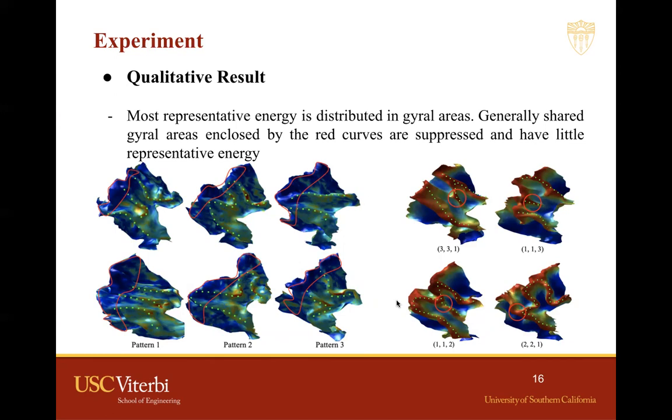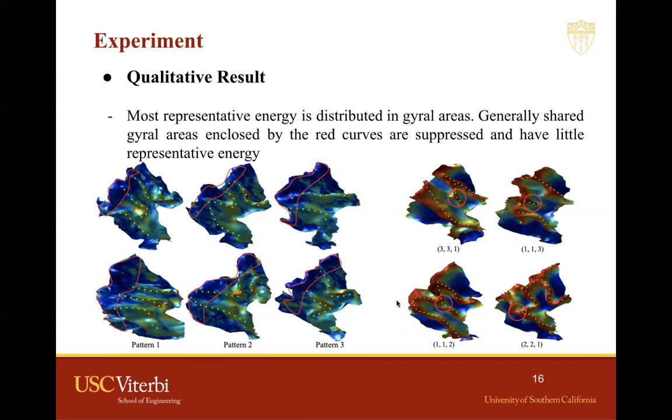We found that the sulcal regions are concentrated since they carry the most discriminative information, while the gyral regions circled by the red lines are suppressed, since they are commonly shared by most patches, which means they carry little information for improving the classification performance.